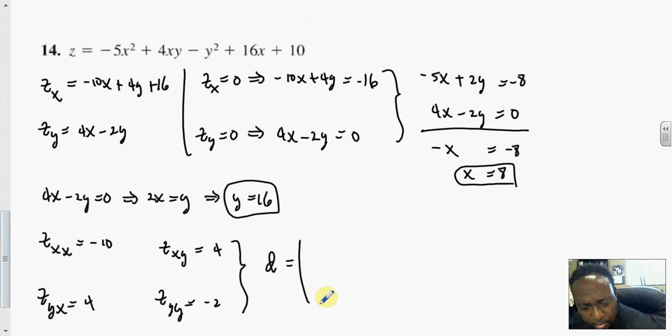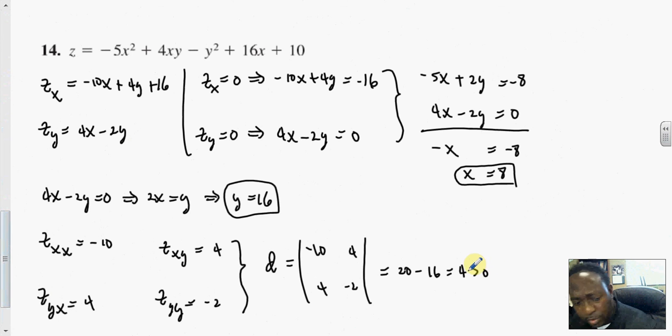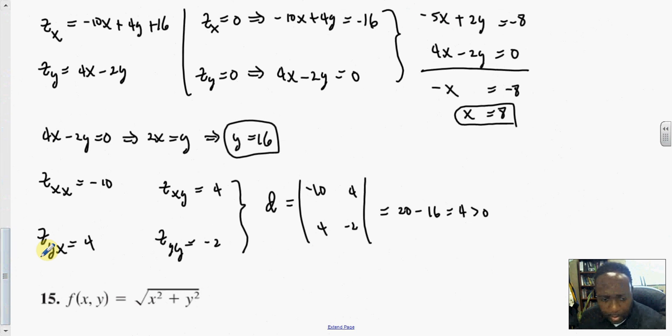So the determinant, negative 10, 4, 4, negative 2. So we get 20 minus 16, that's 4. It's positive. In the second partial of z with respect to x is negative 10.